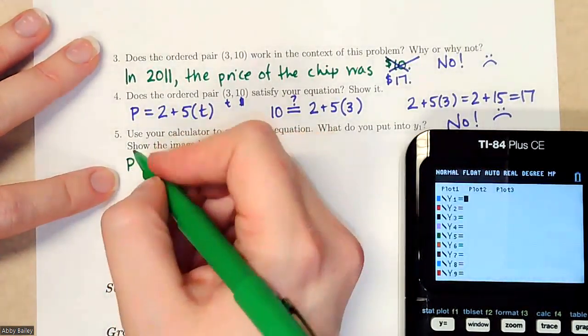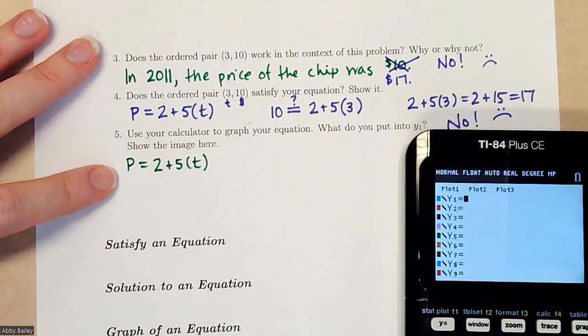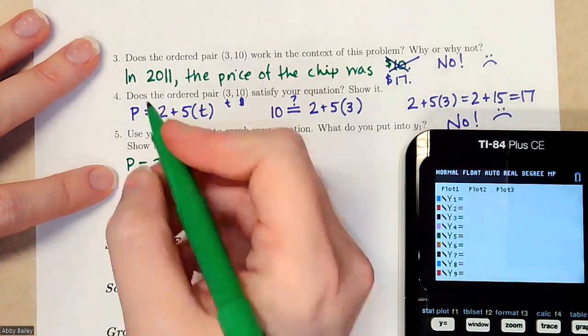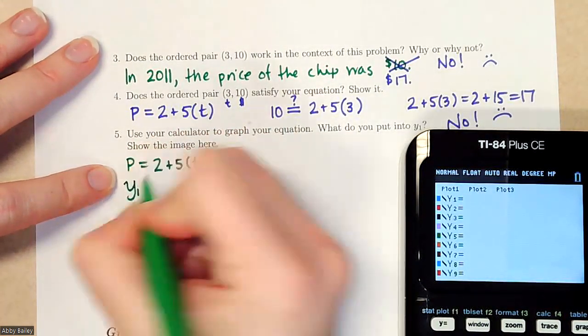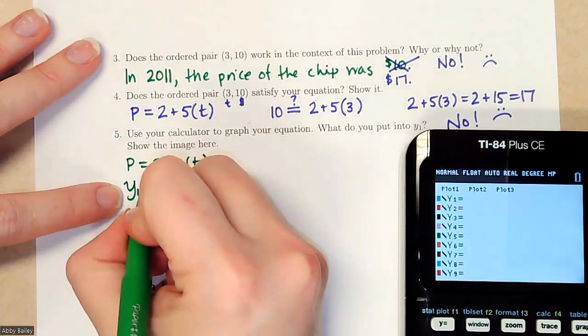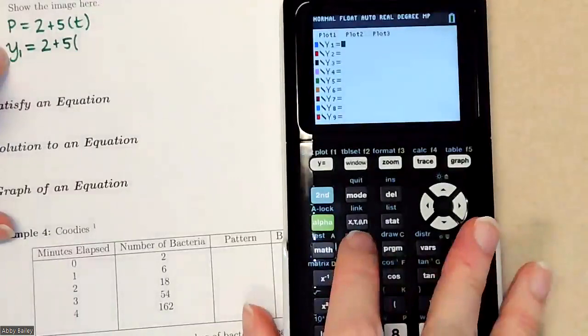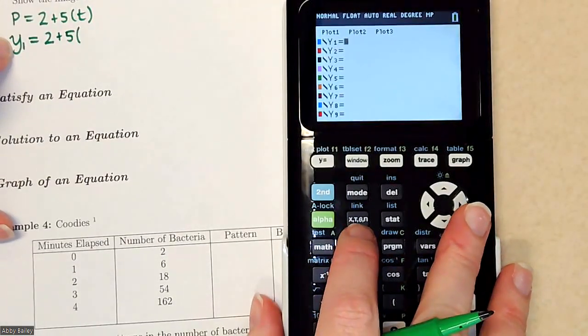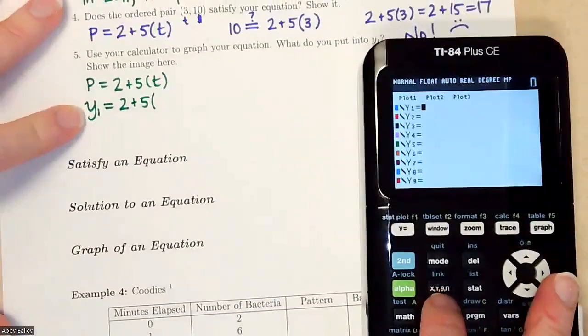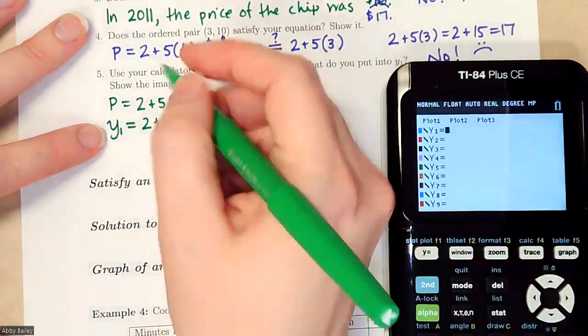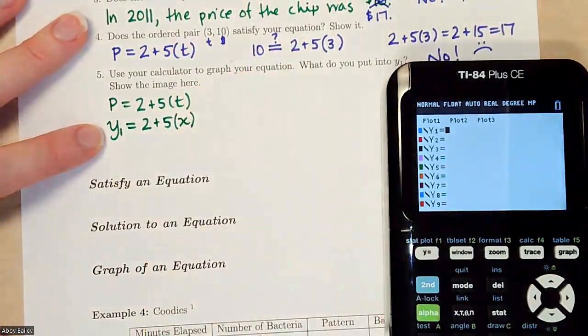P for price. They don't exactly have P's and T's on this calculator, so you have to change this to a Y1 or a Y. And you have to change this other variable to an X for the calculator. Notice they have an X, a tau, a theta, and nu.